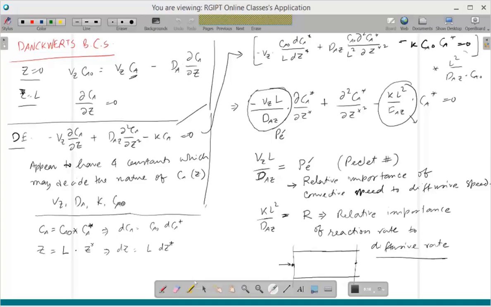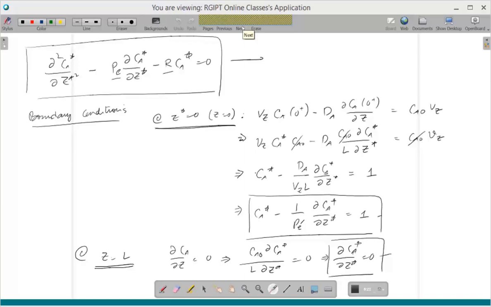Then we looked at the dimensionless form of the boundary conditions. Written in terms of dimensionless quantities, the condition at z star equal to 0 corresponds to z equal to 0, and z star equal to 1 corresponds to z equal to L, where one gets dC star by dz star equal to 0.